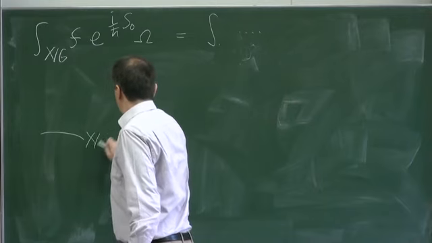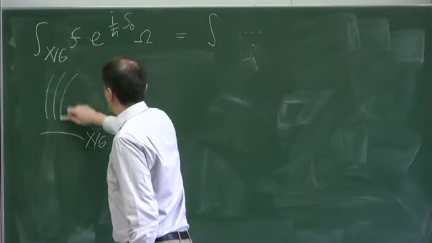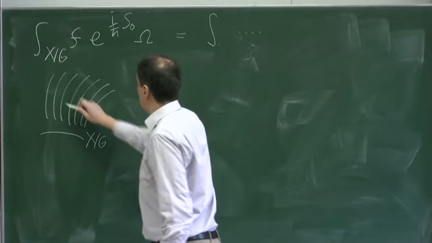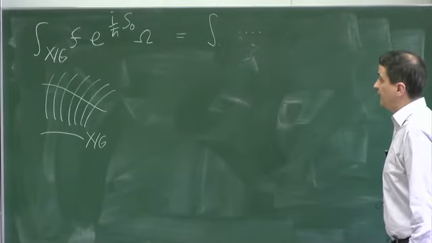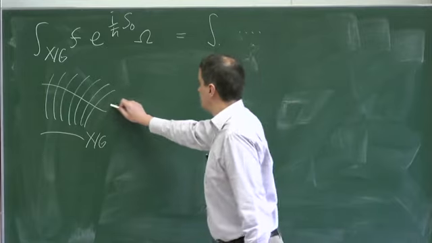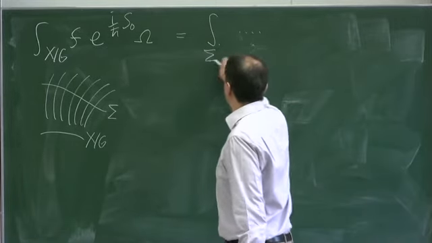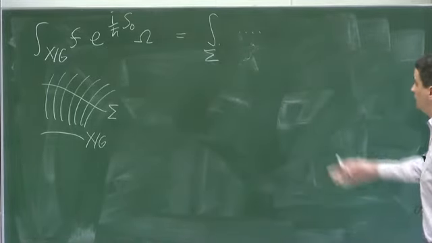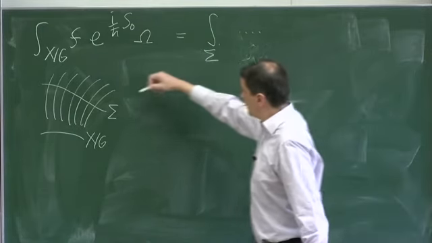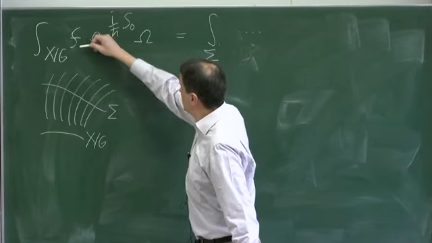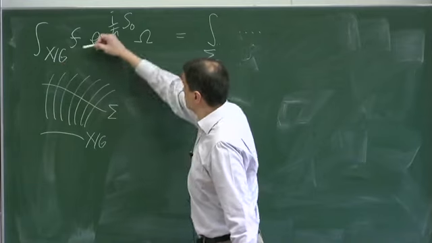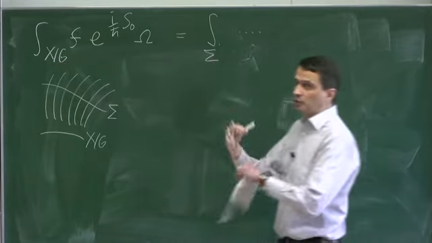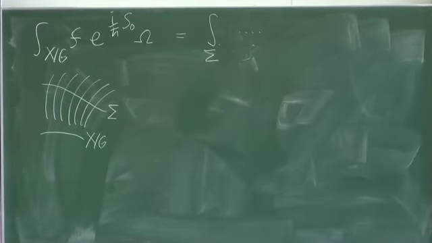You have X mod G, and you have the orbits of G. The simplest thing you may think of doing is to choose a section, sigma, and integrate over sigma. Then of course you have some formula for change of variables, which will tell you how to relate an integral over the quotient to an integral over sigma. You will have some Jacobian of change of coordinates, and this is what they do.